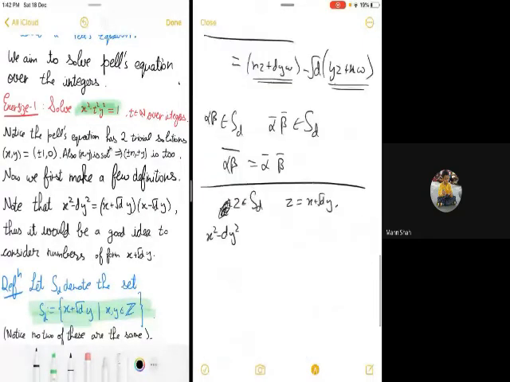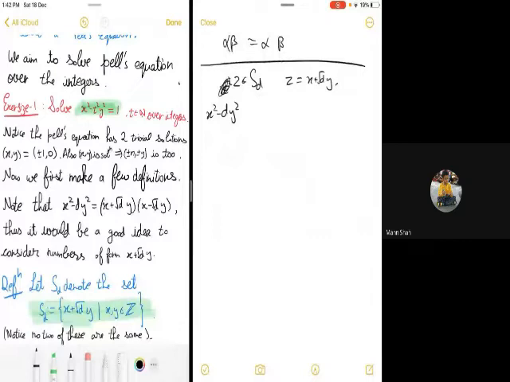So we have that this is actually z times z conjugate. So for each z, we have a number like this, which is well defined again because of that, which is nice, and we call it the norm of z.